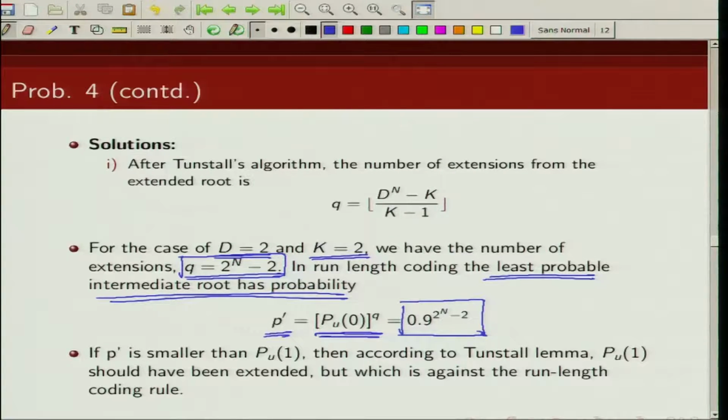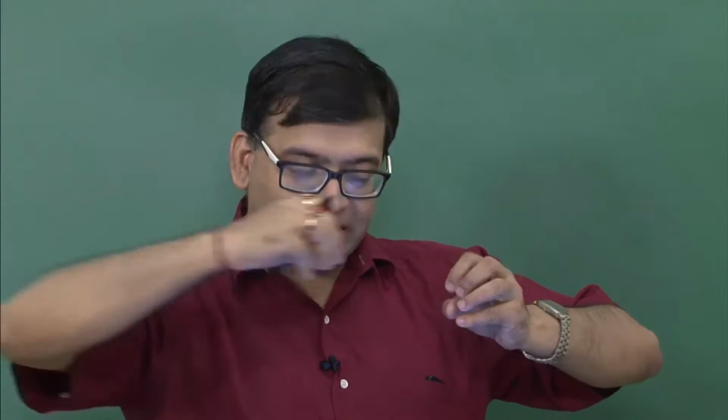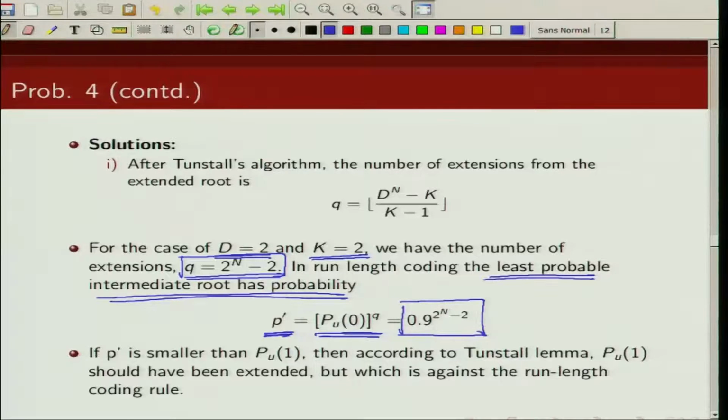Now for it to be a run length coding, every time we are extending, we are having runs of n zeros. So if this probability p dash is smaller than P of U equal to 1, then according to Tunstall's lemma, we should have extended P of U equal to 1.